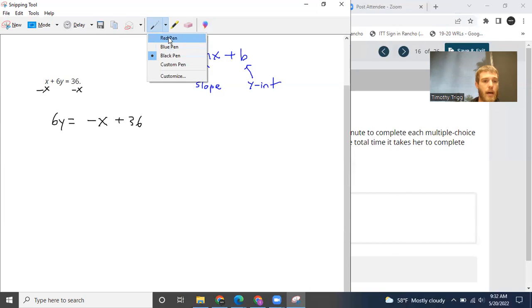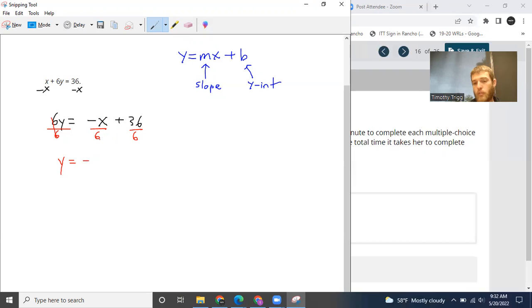Lastly, to get y by itself, we're going to divide by 6, which means you have to divide both of these terms also by 6. Remember, whatever you do on one side of the equation, you have to do the same thing on the other side. So that gives us negative x over 6. I could write that as negative 1/6 x plus 36 divided by 6 is 6.